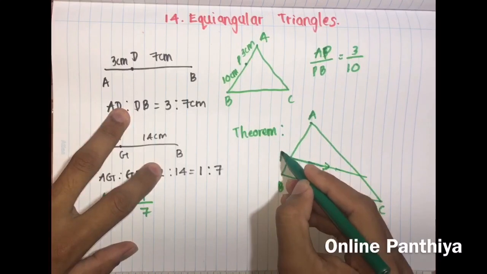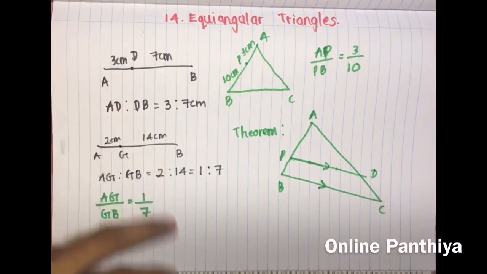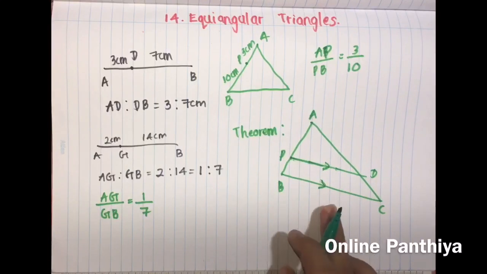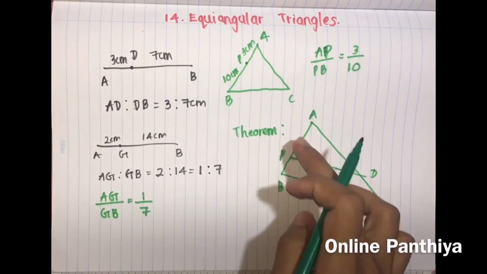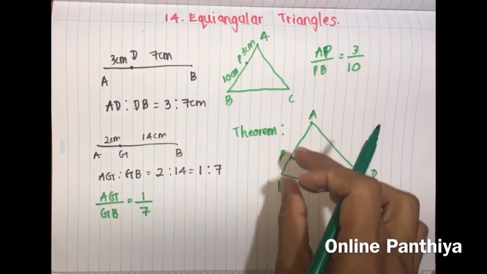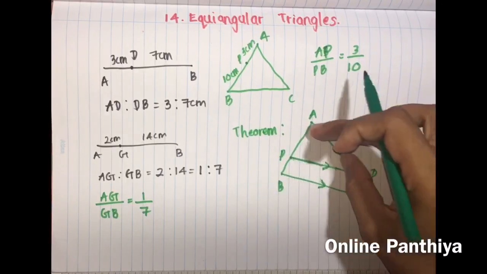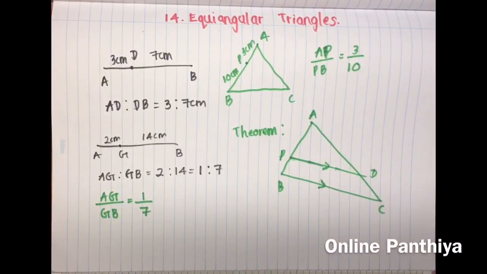I'll call the points P and D. When a line is parallel to one side of the triangle, the ratios of the other two sides are always the same. That is what is meant by the first theorem.